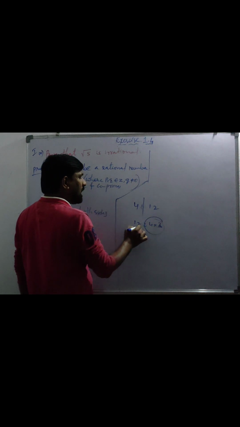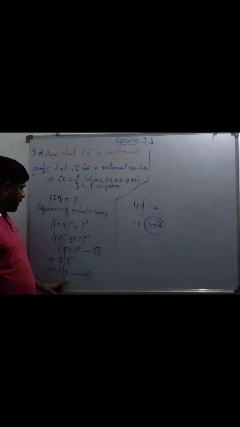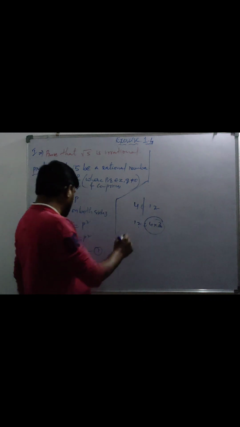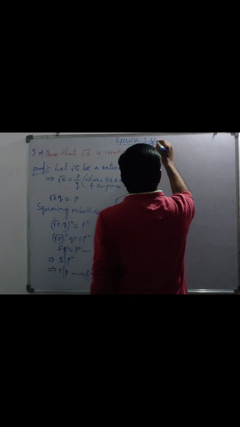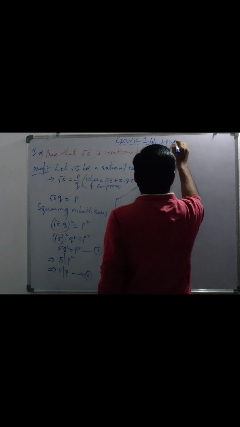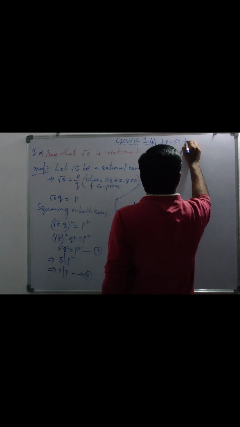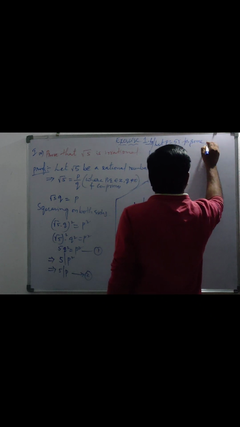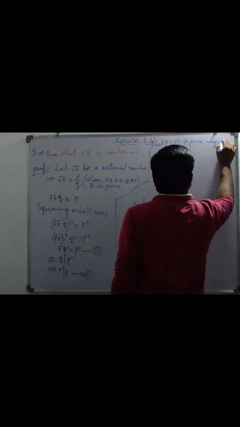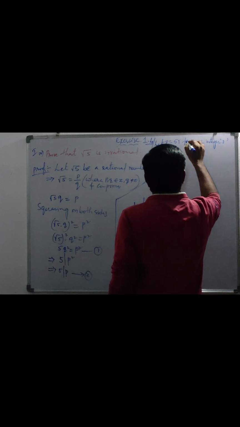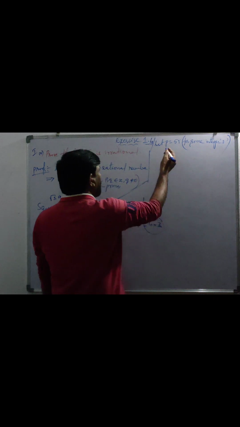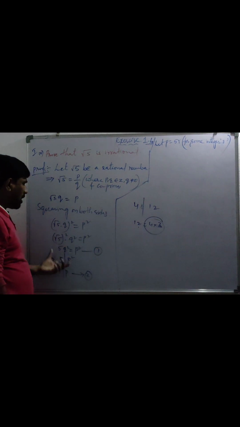So I am assuming 12 as 4 into x. Here I am assuming p as 5 into something. So let us assume p is equal to 5r for some integer r.